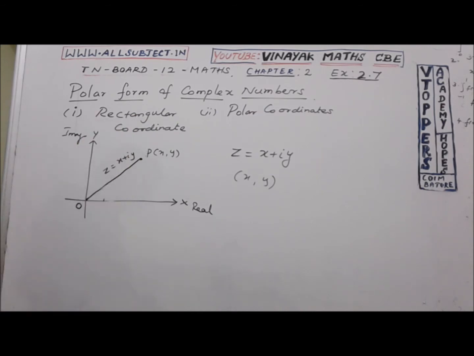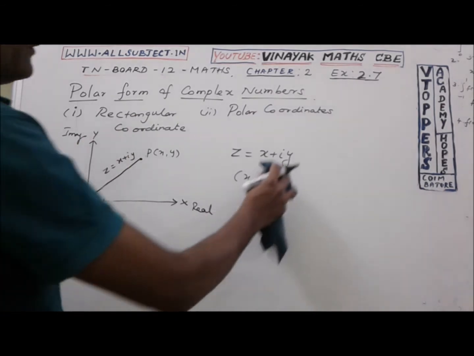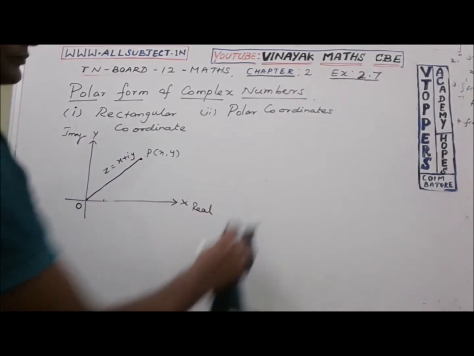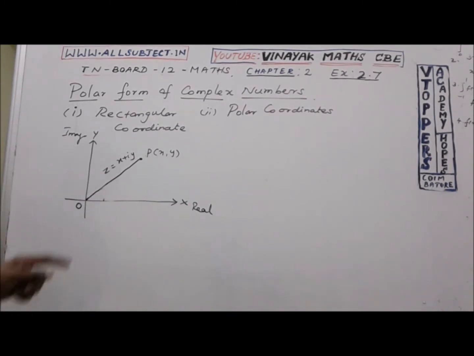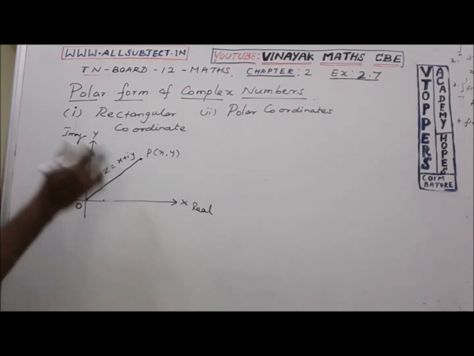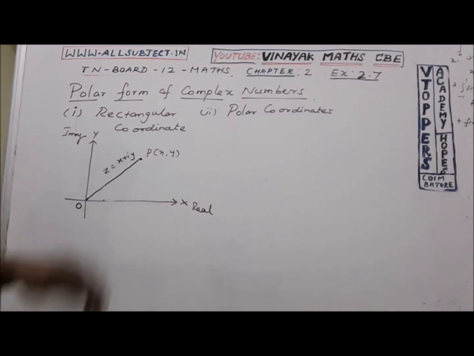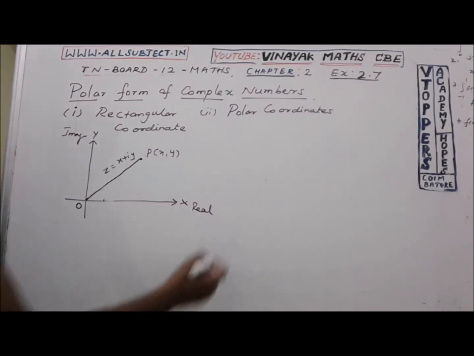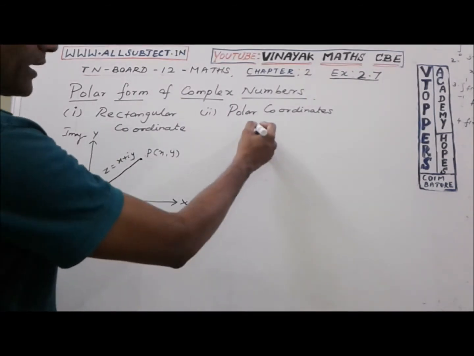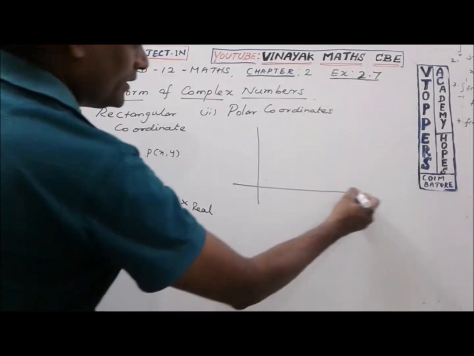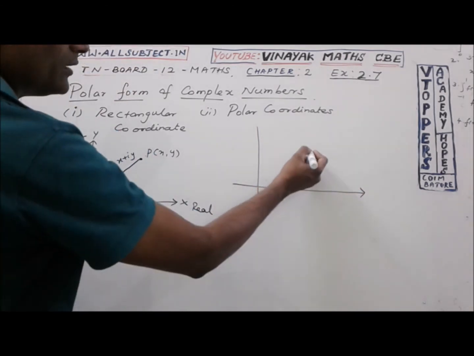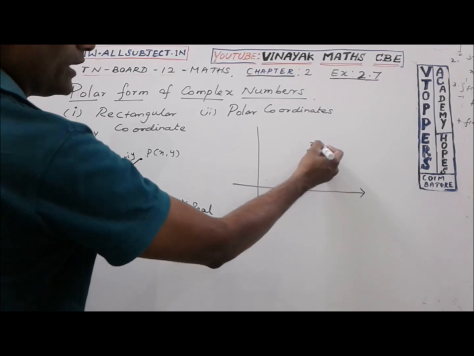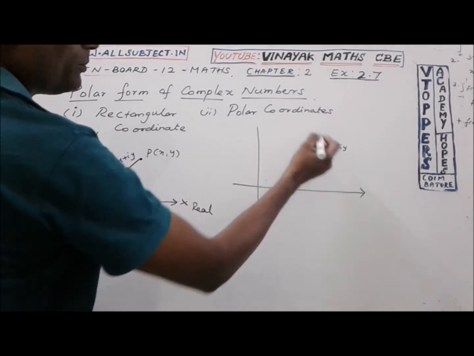Here polar coordinates mean that for every complex number there is an angle made with the positive direction of the x-axis, which is taken as theta. Suppose z equal to x plus iy is pointed here.